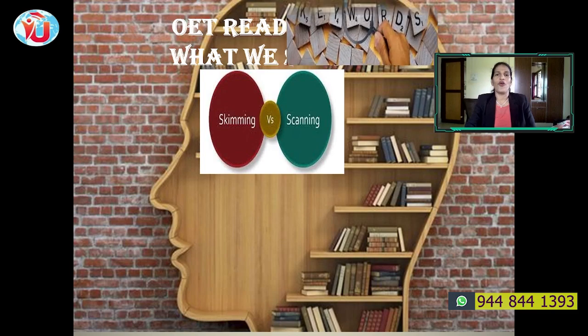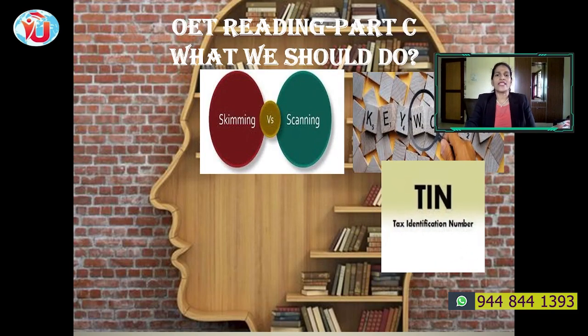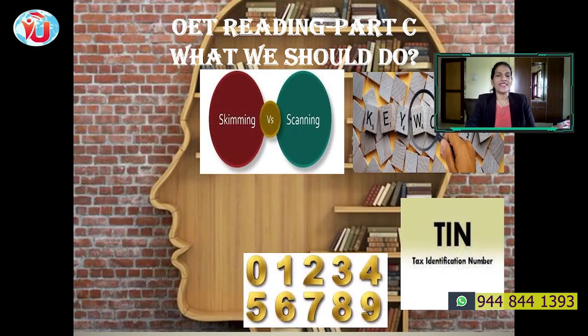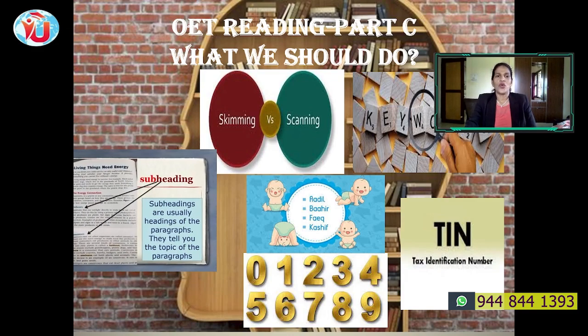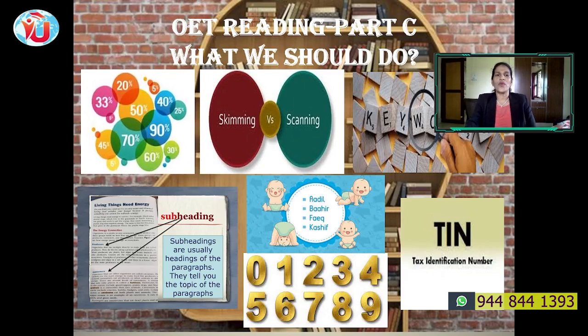What do we skim for? We skim for keywords. We skim for abbreviations. We skim for numbers. We skim for names. Names could be of a person, of places, or of human body parts. We skim for headings, subheadings, titles, as well as percentages.